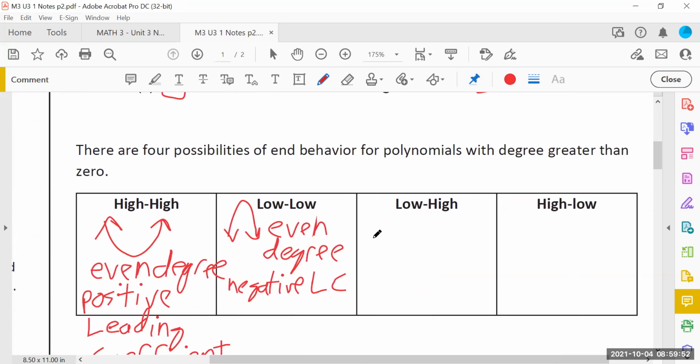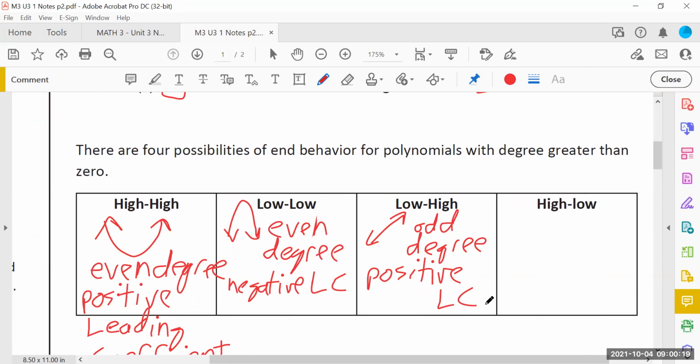Low, high looks like this. Think like a straight line. One end is going down, one end is going up. This is going to be for odd degrees. Odd degree and a positive leading coefficient. So y equals 2x.